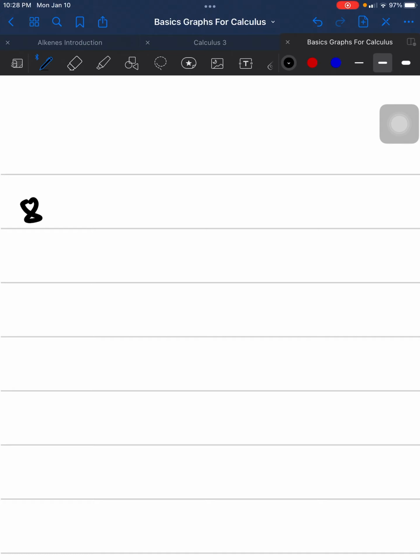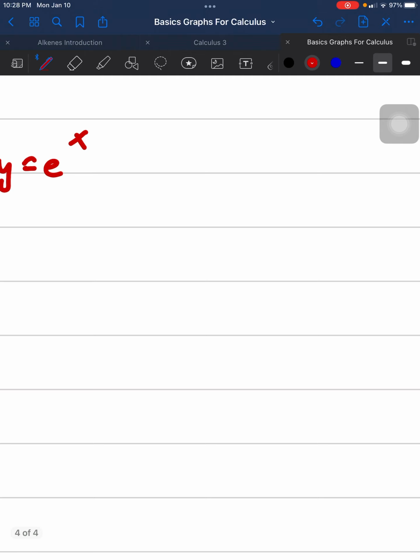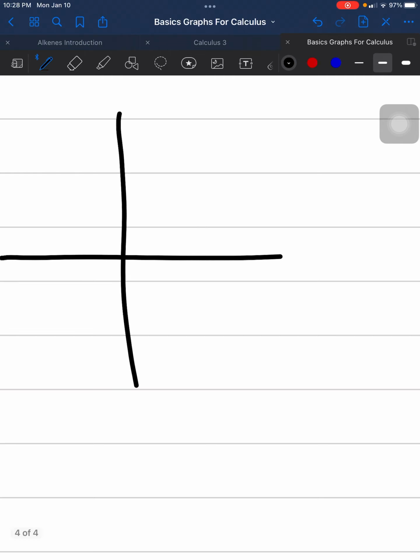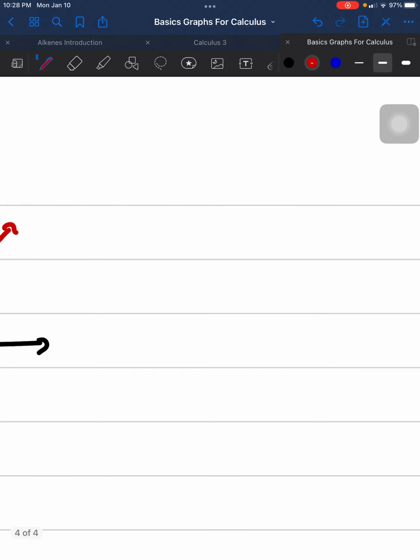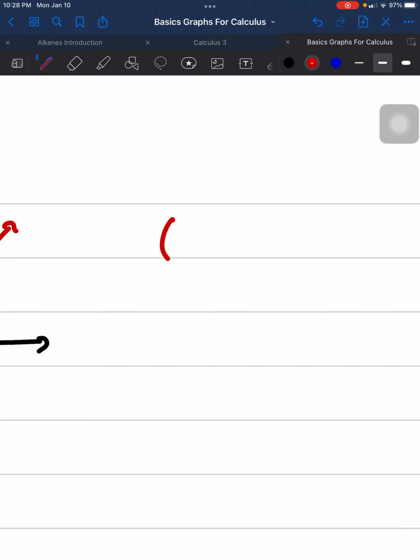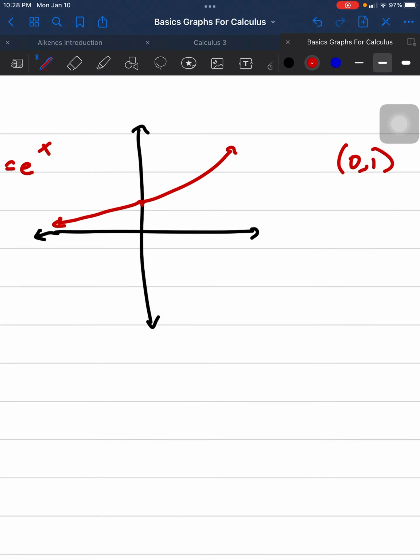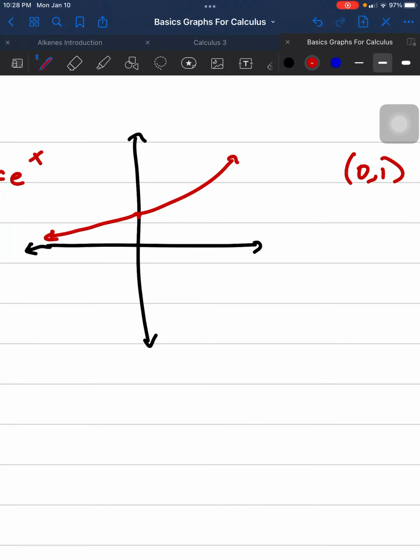The majority of calculus problems you're going to see involve logarithmic problems, which include e to the x. y is equal to e to the x, and its graph looks like this, and its critical point is at 0, 1. It looks like a curve.